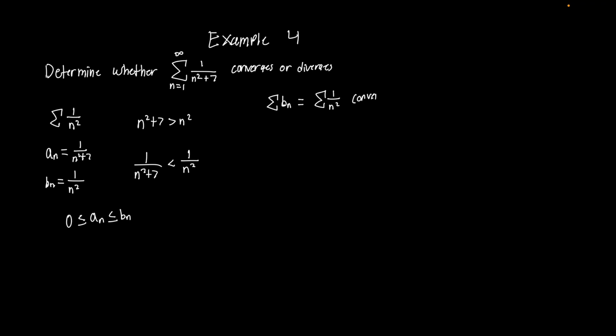So I'll just write converges by p-series. So the bigger series converges, therefore the smaller series also converges by direct comparison. So as your final answer, you can write 1 over n squared plus 7 converges by the direct comparison test.